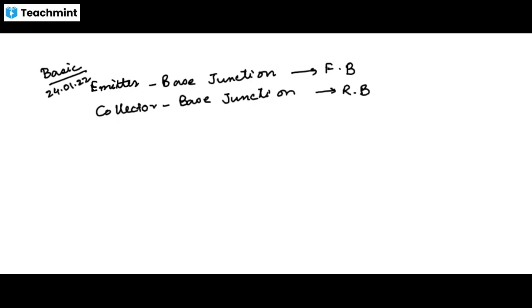Okay, what I am telling is, the transistor has two PN junctions, that is two diodes. The first junction is called the emitter base junction.